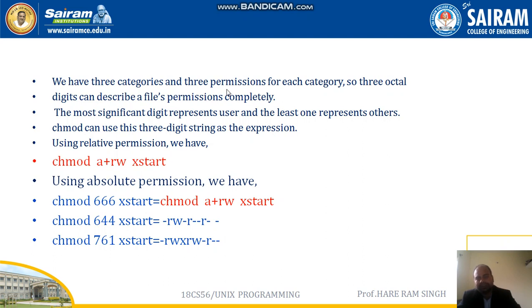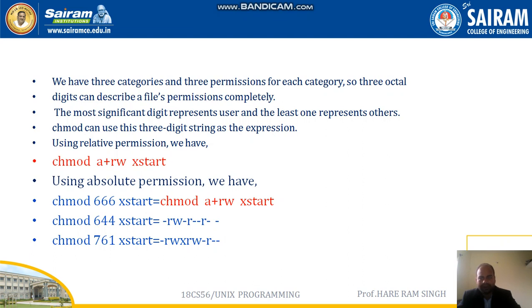So 3 categories and 3 permissions. What are they? Read, write and execute. So we should have 3 octal digits, which can describe a file's permissions completely. That's why 3 octal digits mean 111 or 000. So 3 digits.